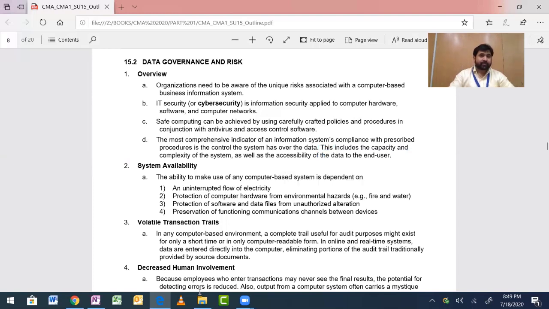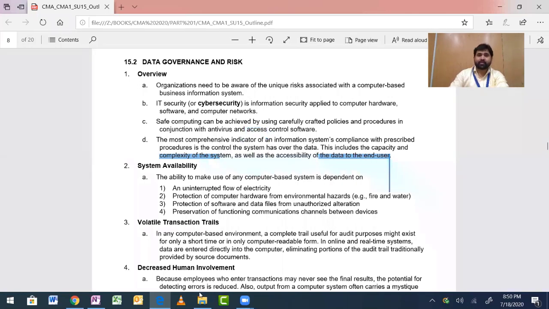Anyways, now see, data governance and risk. So what are the risks regarding this and what is data governance? Organizations need to be aware of the unique risks associated with computer-based business information. IT security or cyber security is information security applied to computer hardware. Safe computing can usually be achieved by carefully crafted policies and procedures, and antivirus and access control software.